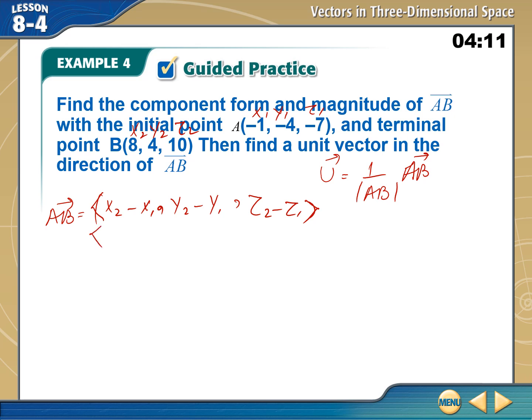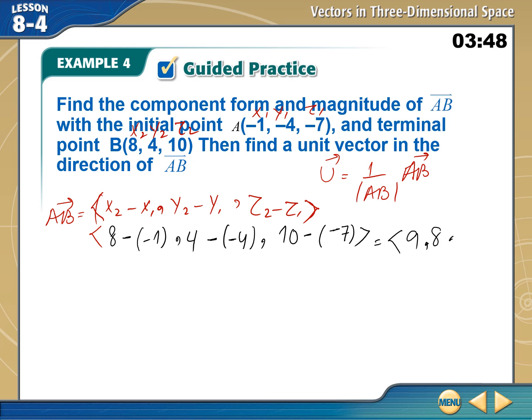Okay, so x2 is 8, minus x1 is minus 1, y2 is 4, minus y1 is minus 4, and the last is z2 is 10, minus z1 is negative 7. Calculate them. 8 plus 1 is 9, 4 plus 4 is 8, and 10 plus 7 is 17.